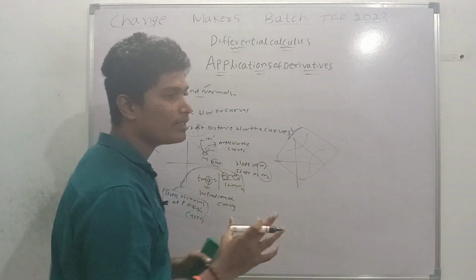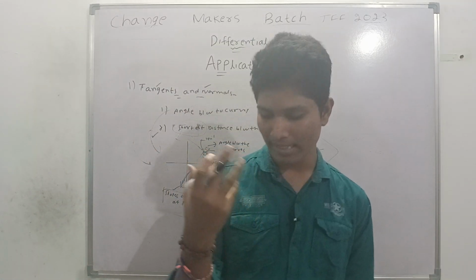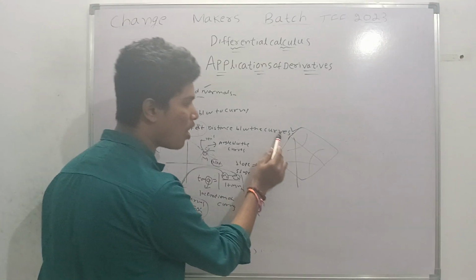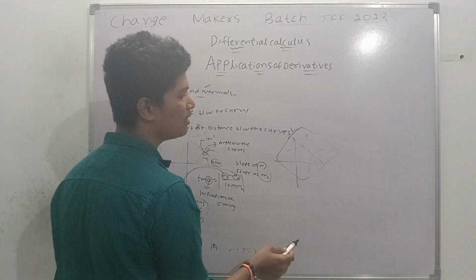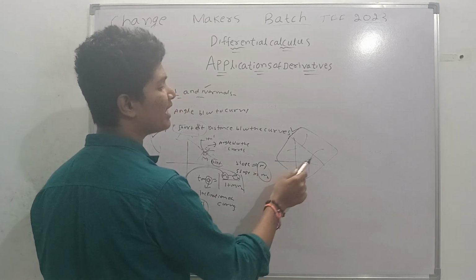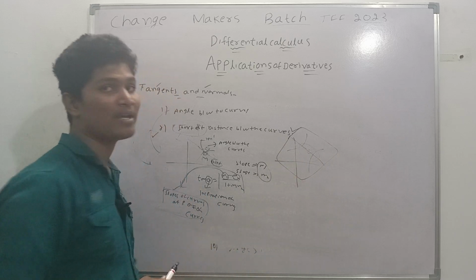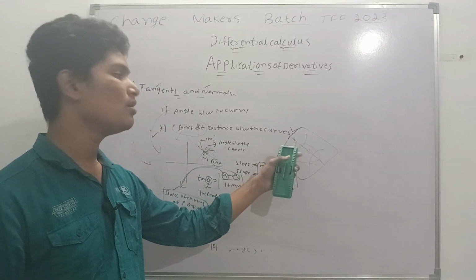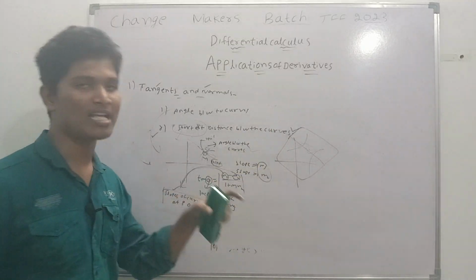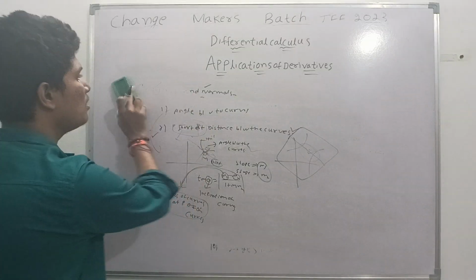If you want the distance between the two curves to be least, that is the shortest distance, you have to draw a normal common to both the curves. When you draw a normal common to both the curves, then there you will get the shortest distance. This is the thing, and I will explain a problem in the next session, that is after completing the topic I will explain the problem also. Wait for that. And next, the first topic is completed.